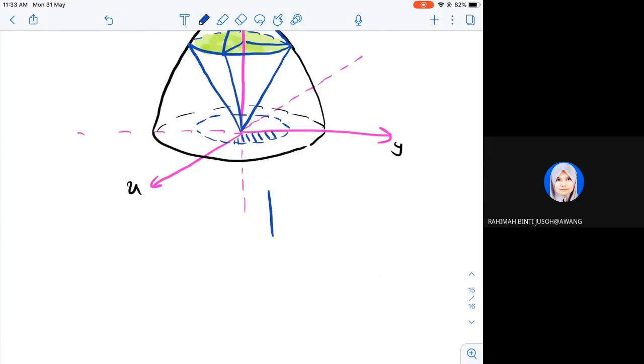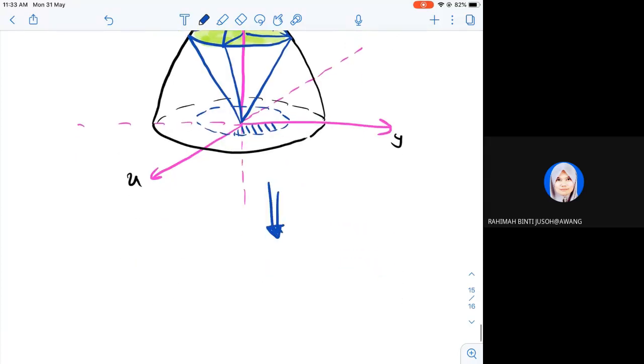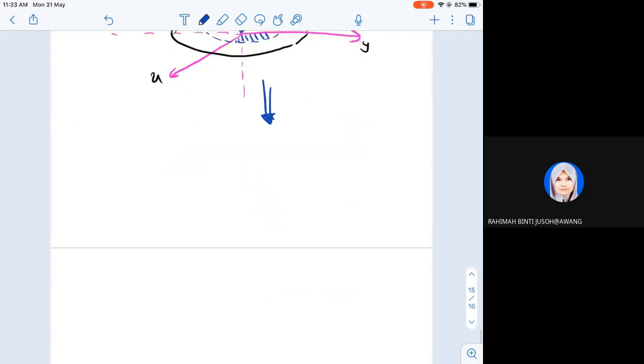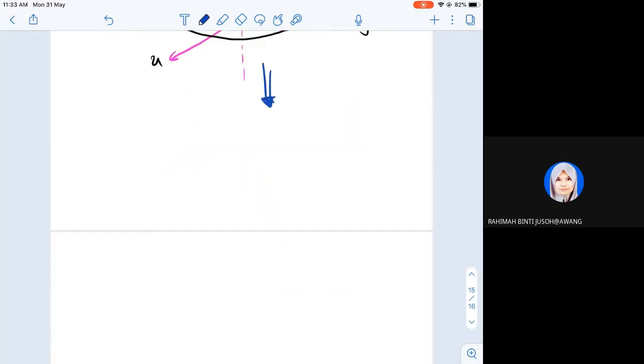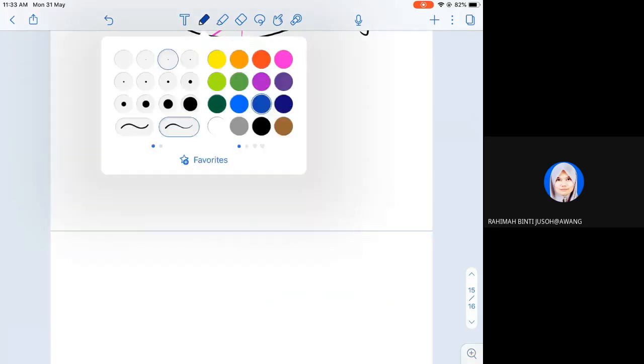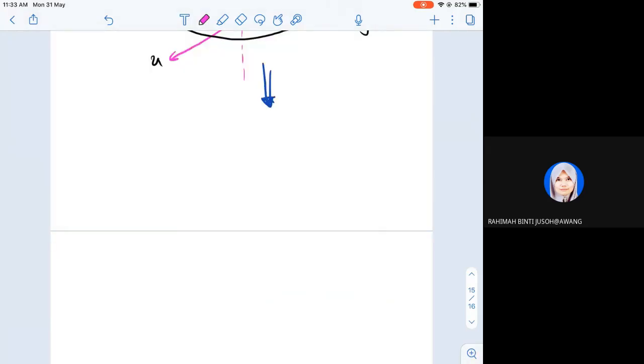So if I resketch the graph, it will be looks like this. Dia adalah macam ni.